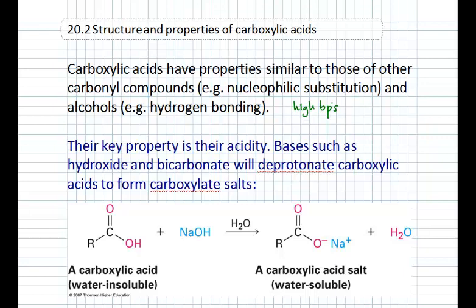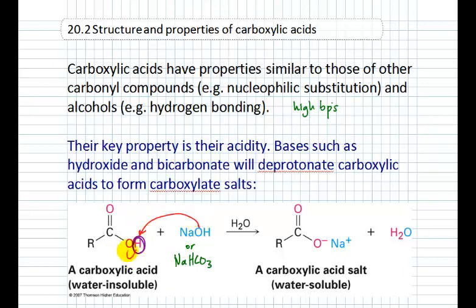So if I have a base like hydroxide here, we can use bicarbonate also, for instance, NaHCO3, sodium bicarbonate. We will deprotonate the carboxylic acid by removing the H attached to the O, right? So if you're interested in mechanisms, the lone pair from the oxygen and hydroxide or the other base will attack the hydrogen.